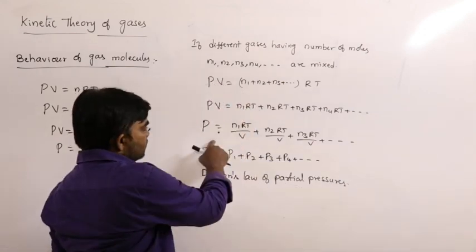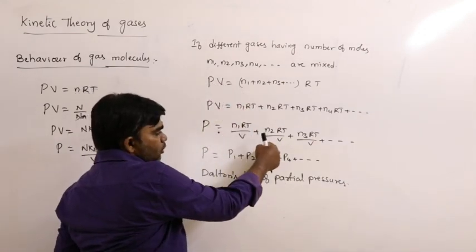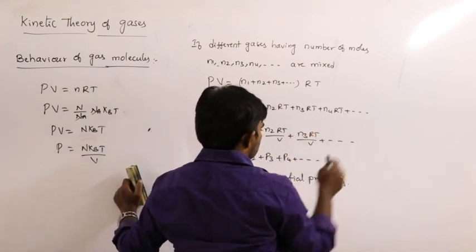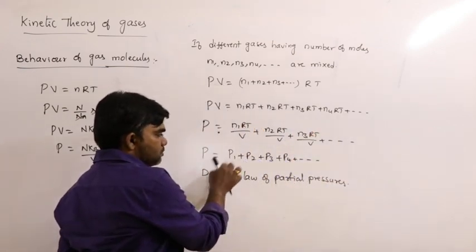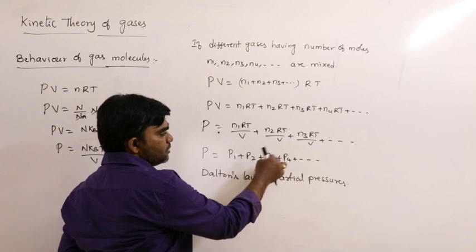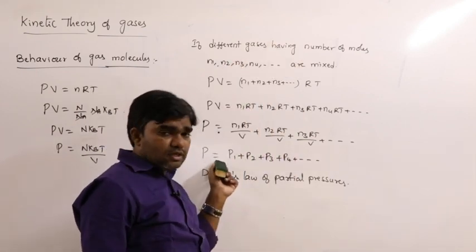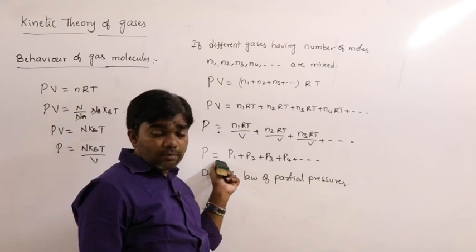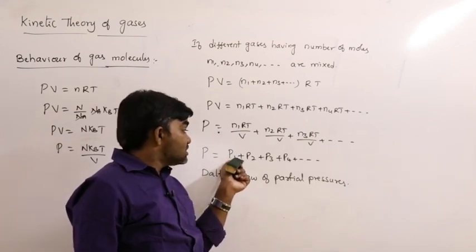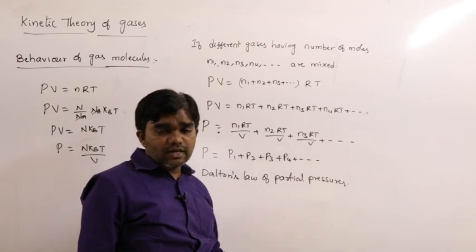Here this can be written as N1 RT by V, N2 RT by V, N3 RT by V and so on. That's why P can be written as P1 plus P2 plus P3 plus P4 and so on. So the total pressure of the mixture is equal to the sum of individual pressures of the gases.